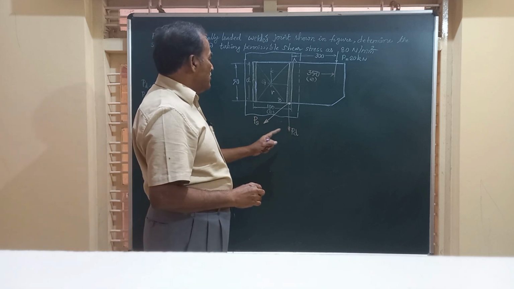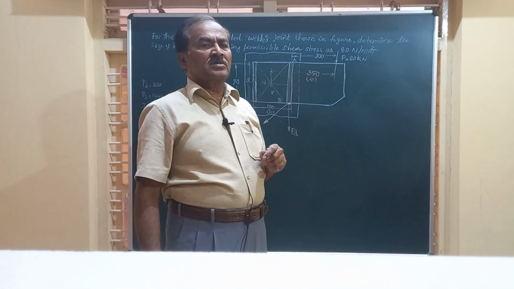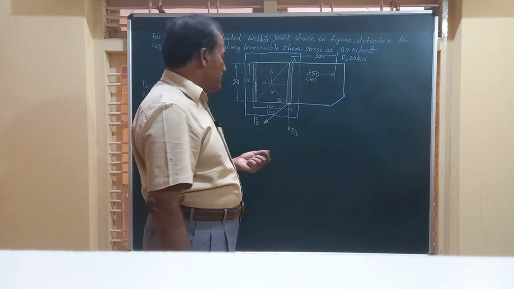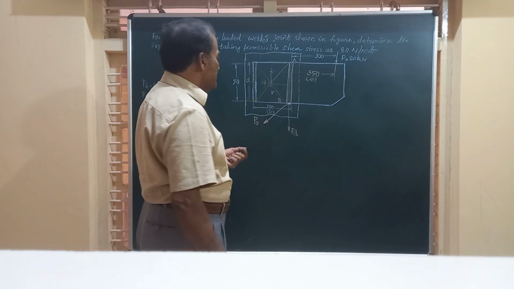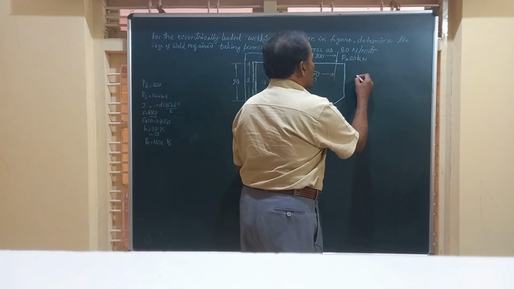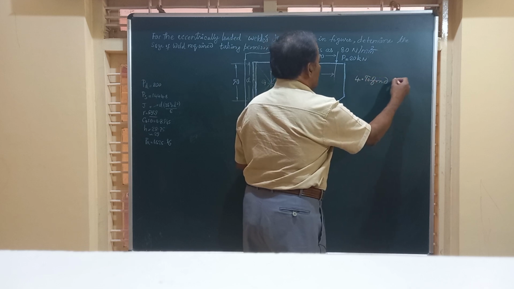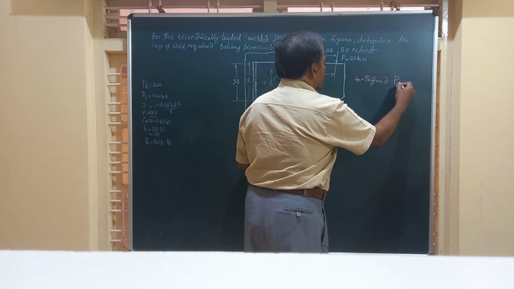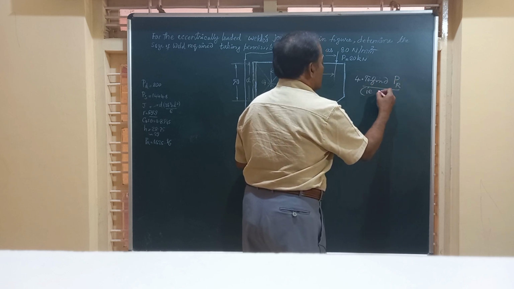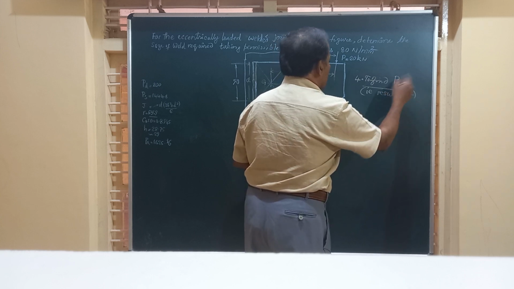So we know the direct load and we know the secondary load. And friends, in the next step, we are going to find out the resultant of these two. So I will say step number 4, to find the resultant load PR.